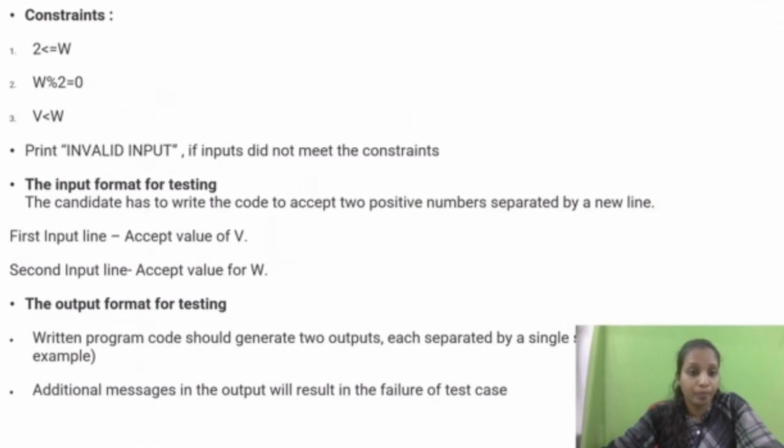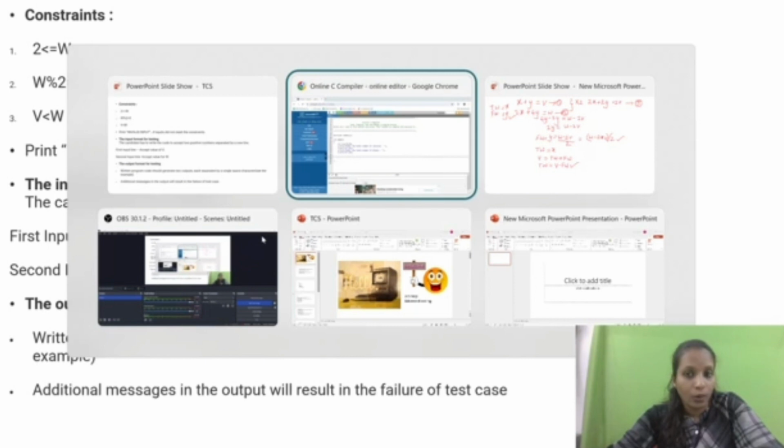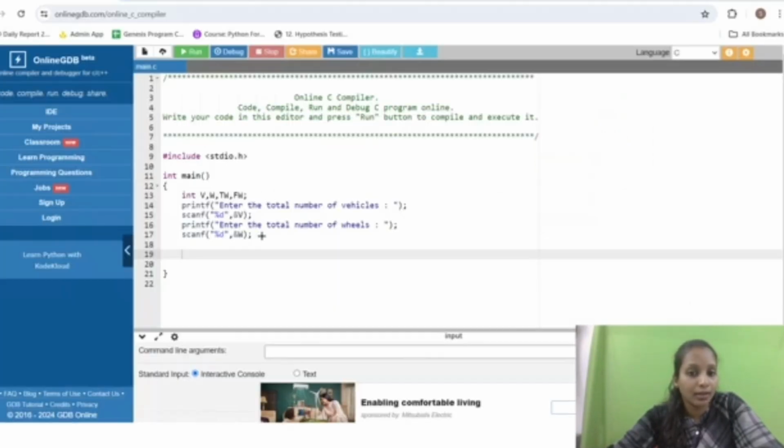Constraints, remember? The total number of wheels should always be greater than or equal to 2. We discussed why we are using this, right?